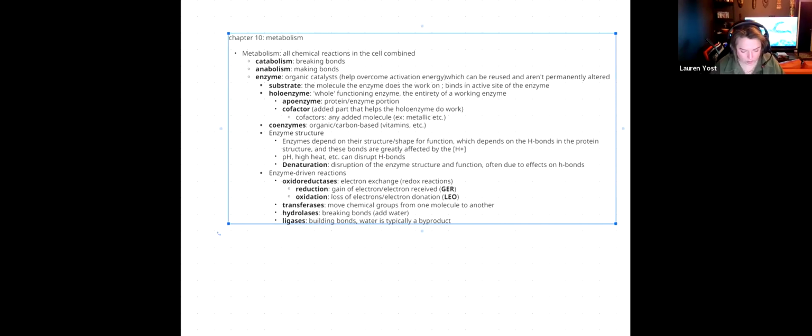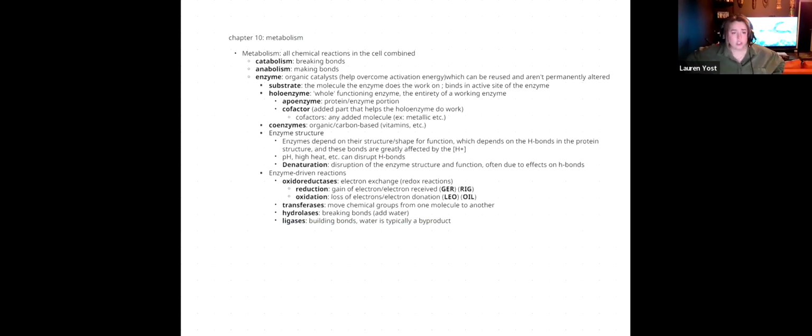So this would be RIG. RIG is reduction is gain, and OIL is oxidation is loss.